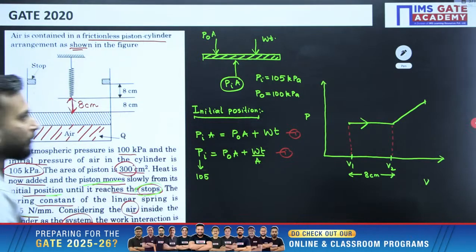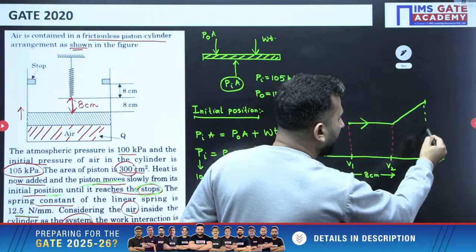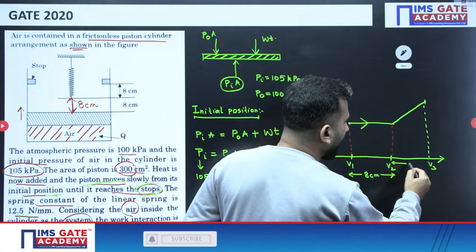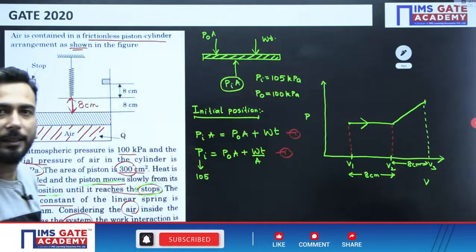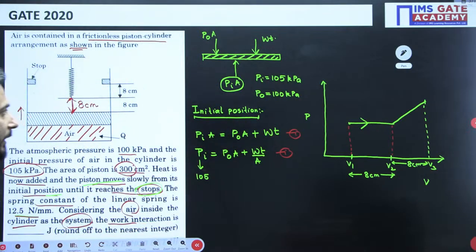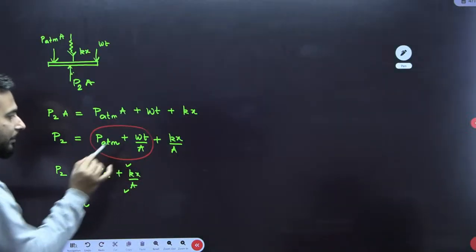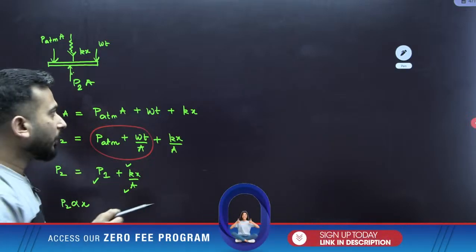So you need to find the pressure when it touches the stop, and it will touch the stop at V3. That means the next 8 centimeter it will be touching the stop, and that is when we need to get the pressure. So this is the X relation. I will simply substitute X equal to 8 centimeter and I will get the P2 value.